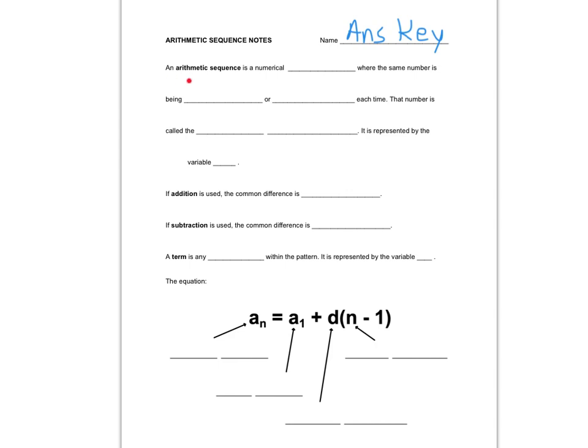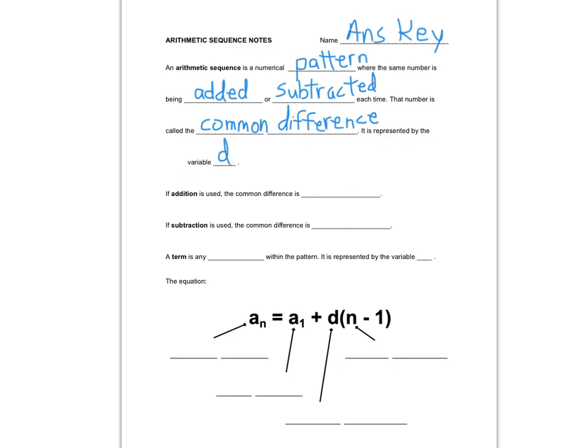Otherwise, at the beginning here, an arithmetic sequence is a numerical pattern where the same number is being added or subtracted each time. That number is called the common difference. It is represented by the variable d.